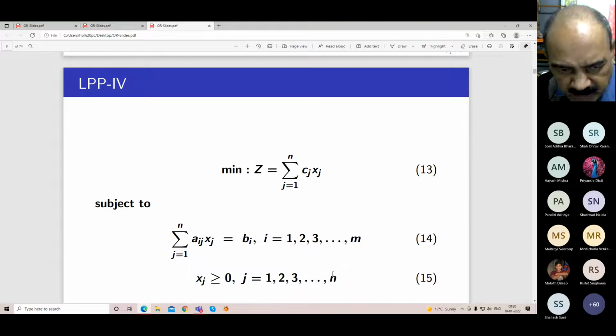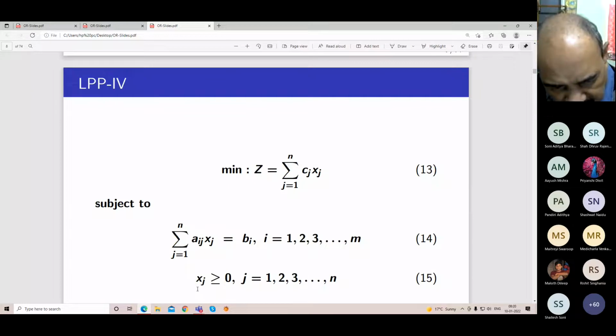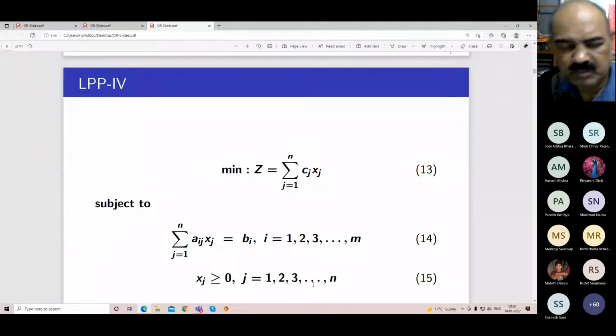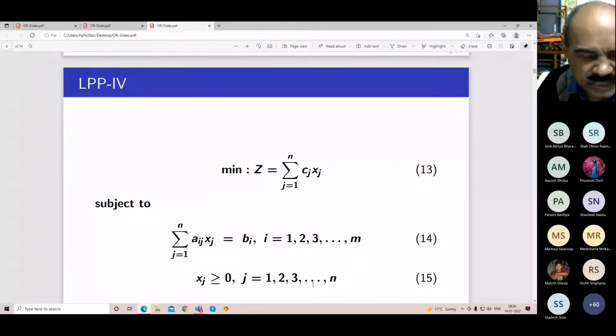But please remember, there is a restriction. All the decision variables are non-negative. If you solve the system arbitrarily using whatever method you have learned, the solution may not always be non-negative. But the solution we are looking for has to be non-negative.